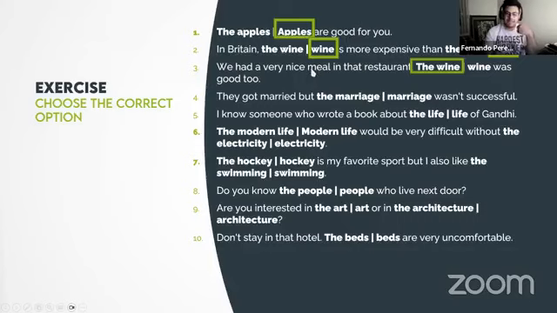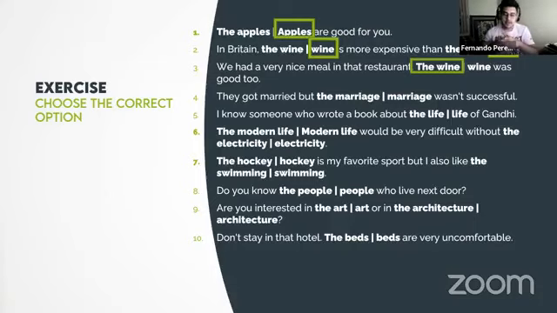Because we had a nice meal in a specific restaurant, and that specific meal had a specific wine. This is English comprehension, reading comprehension. This is the challenge. This is the difficult part. But good. So remember, guys, the context is very, very important here.